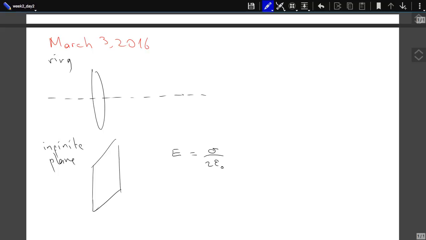But if you don't see this distance, it just means that this is just a point charge with charge plus Q. So from a very far away observer, this whole system should just behave like a point charge with charge plus Q. So the electric field lines at a very far away distance should look like this. Eight of them.